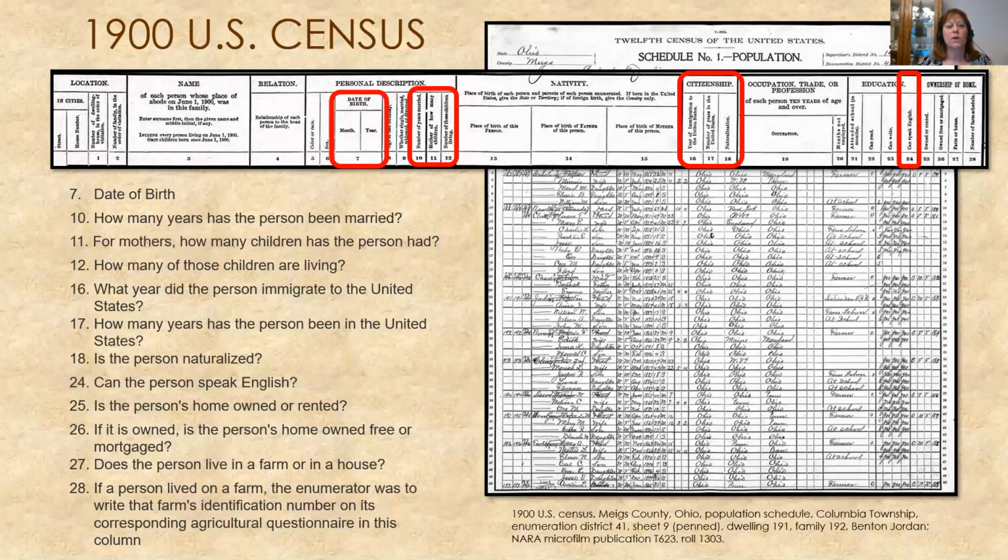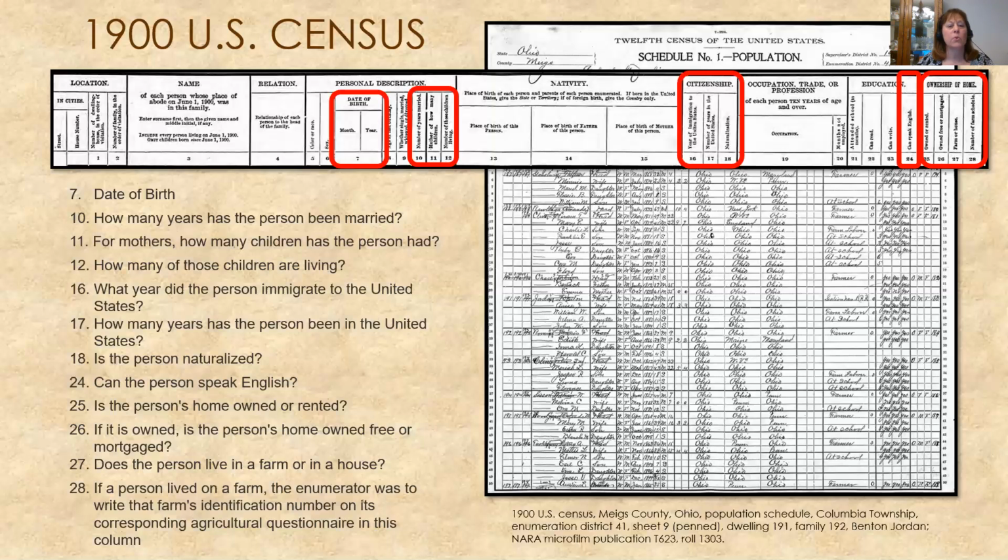Column 24 inquired as to whether or not the person could speak English, and if not, it might provide insight when analyzing records. Did your ancestor understand what was being asked of them? Is it possible the recorder of the record could not fully understand the answer that was given?